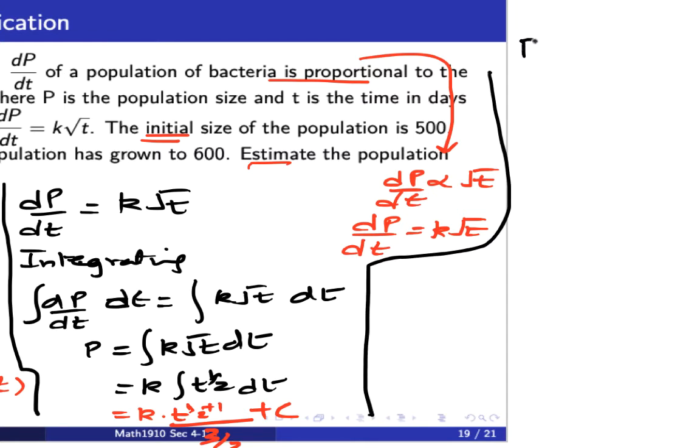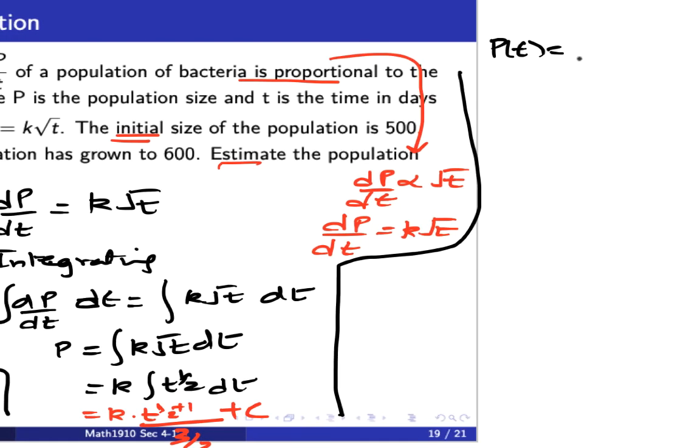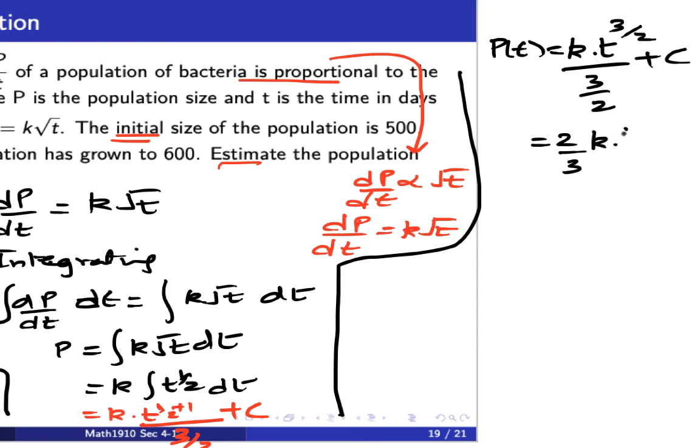We have P of t equals k times t to the 3 halves over 3 halves, plus c. Clean it up a little bit, so you get P of t equals 2/3 k times t to the 3 halves plus c.